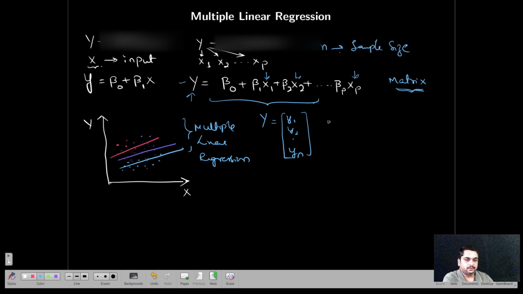Then how to model my x? This x matrix, I can write it as beta naught into 1, beta 1 x1 and so on. So the first column is all ones, the coefficient of the intercept, up to n, a total of n ones.